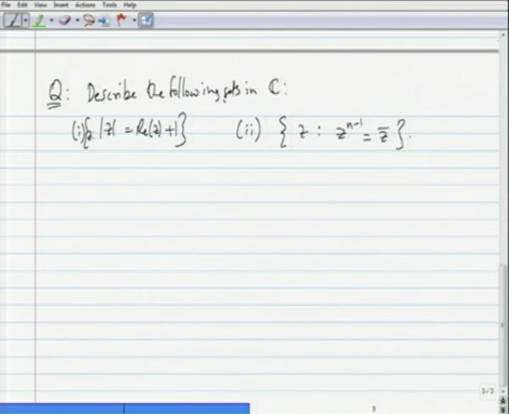So, try to describe these two sets geometrically in the complex plane. I will present the solution here.